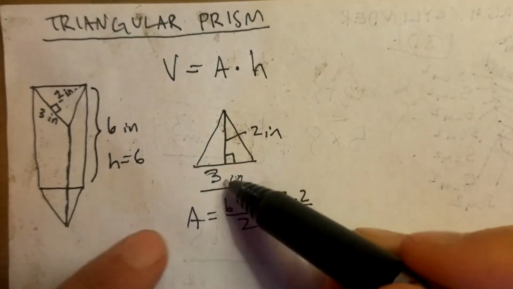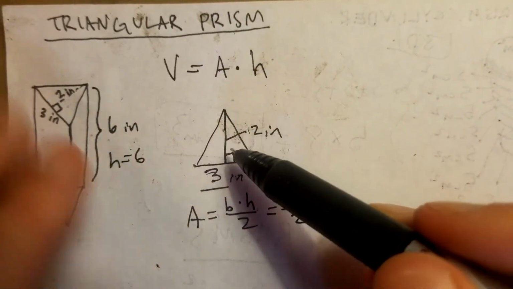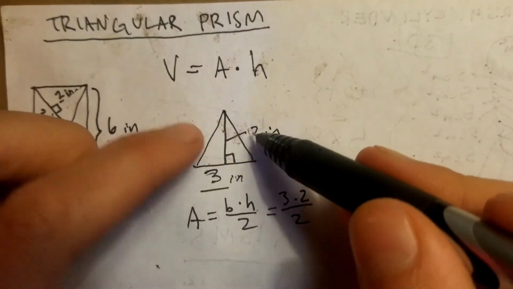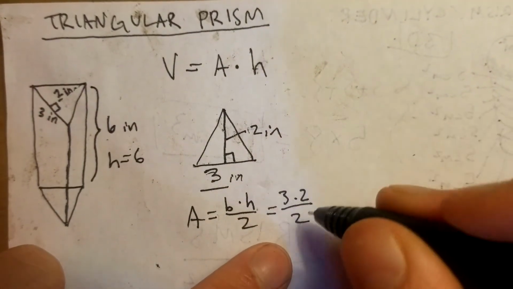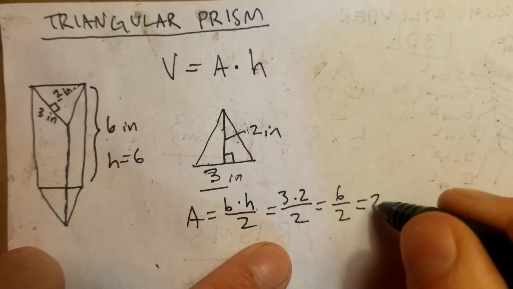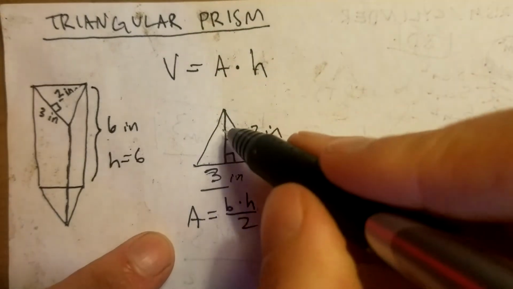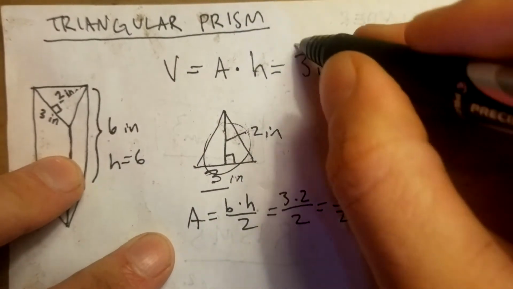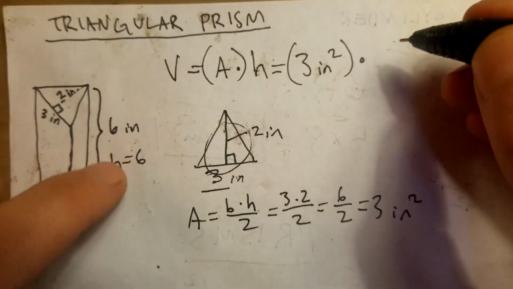When I'm talking about base and height, I'm talking about the base and height in this triangle, not the prism. So 3 gets multiplied by 2, and then it gets divided by 2, so that's 6 over 2, which is just 3 inches squared. So the area is 3 inches squared. That gets multiplied by the height, which is 6.